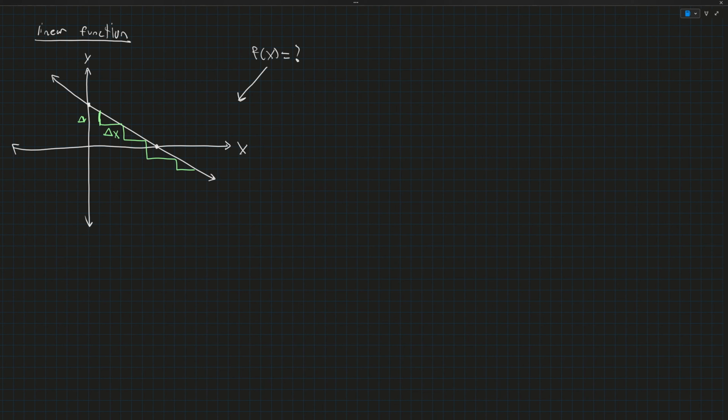And so what we could do is write this as a ratio. And this ratio we're going to call the slope of the function. So let me write it here in green.